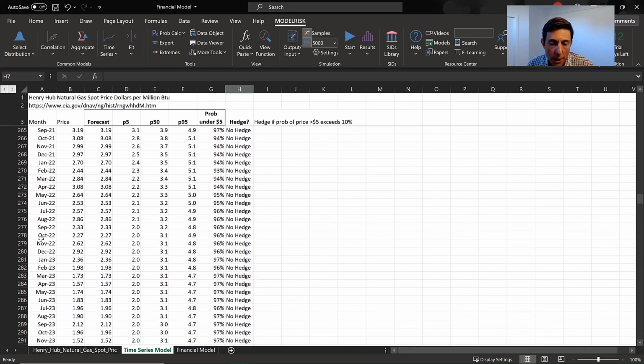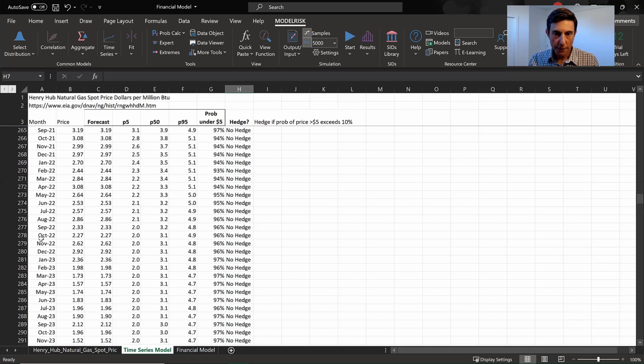And I also show the P50, which is the median, the 50th percentile. That will be my single point estimate. But I also provide the confidence interval, which is the P5 and the P95, the 5th percentile and the 95th percentile. And with this, I'm helping make that decision of whether or not to hedge.